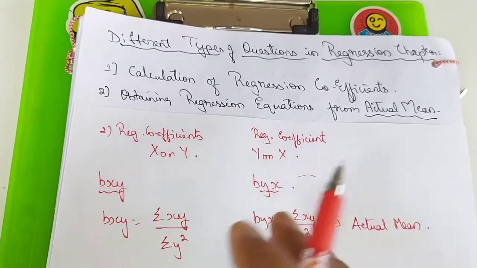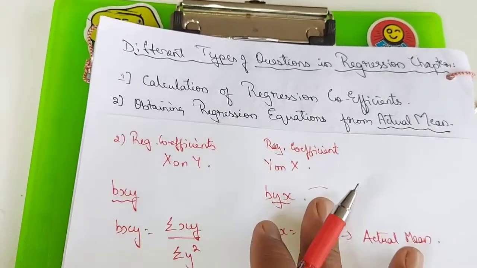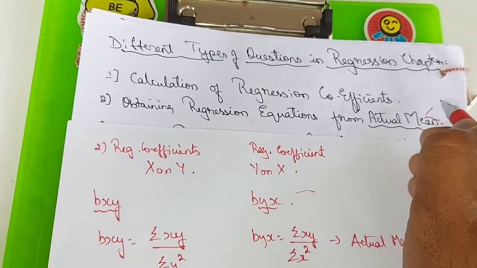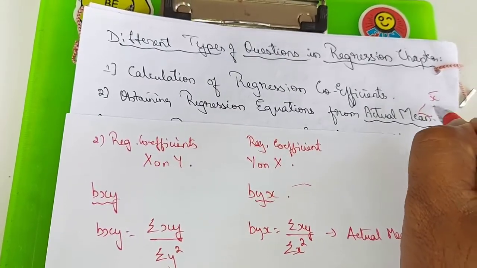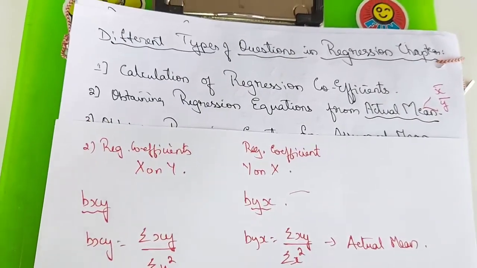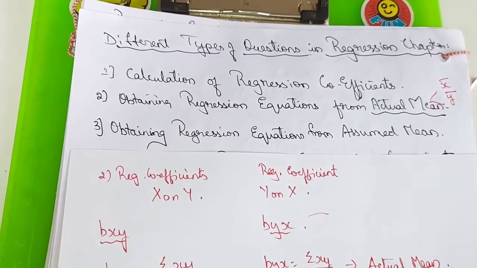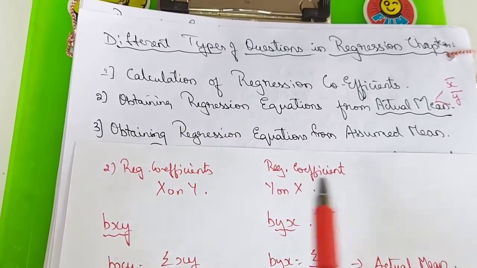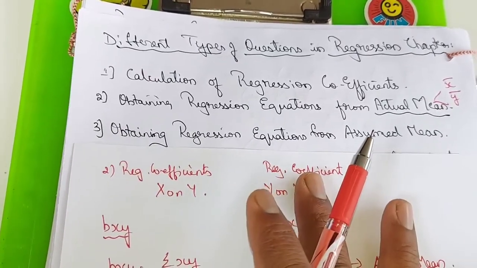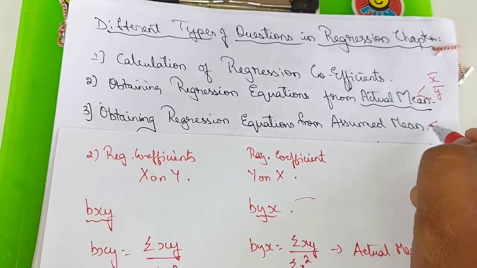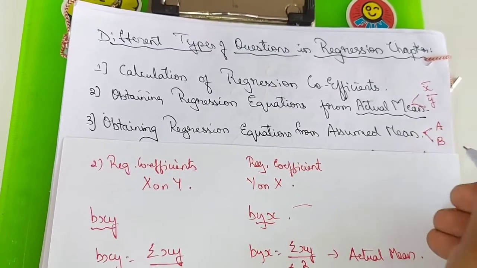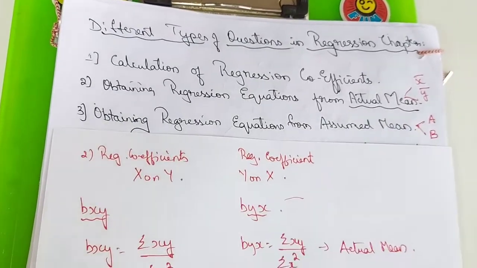So in case of obtaining regression equations from the actual mean, we find out what x bar and y bar are. Further, we can also solve these regression equations using the assumed mean. In case of assumed mean, we use A as the assumed mean for the x series and B as the assumed mean for the y series.